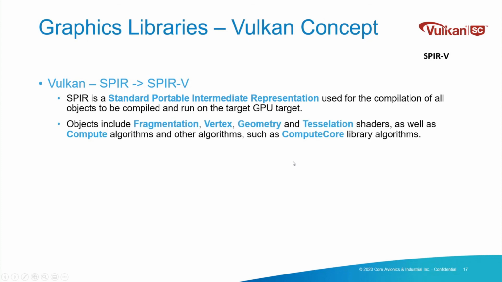Some of the objects downloaded to the GPU using this SPIR-V intermediate representation include fragment, vertex, geometry, and tessellation shaders. These shaders may not have been described before, but the vertex shader takes the points in a vertex array, the points of the primitives, and creates the primitives, as we discussed before.